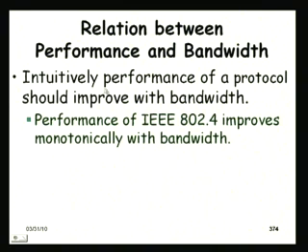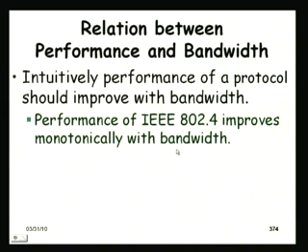Actually, intuitively, the performance of a protocol should improve with bandwidth. Any protocol, when the network becomes faster, should be able to meet the deadline of messages for which it was not able to meet the deadline before, right. And we saw that 802.4 was close to this observation. It was almost monotonically increasing with bandwidth.